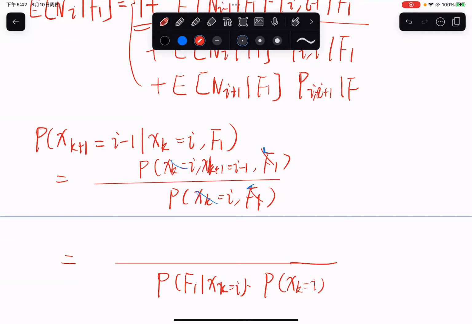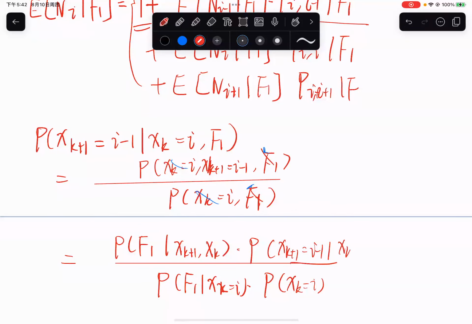And on the numerator, we can have the probability of F1 conditional on both x_{k+1} and x_k, right? Multiplied by the probability of x_{k+1} equal to i minus 1 conditional on x_k equal to i, and multiplied by the probability of x_k equal to i. So these two cancel out.